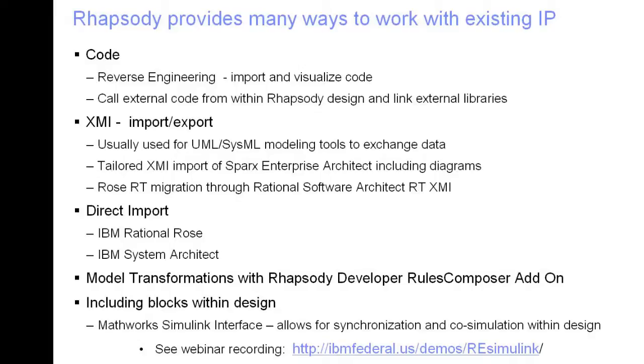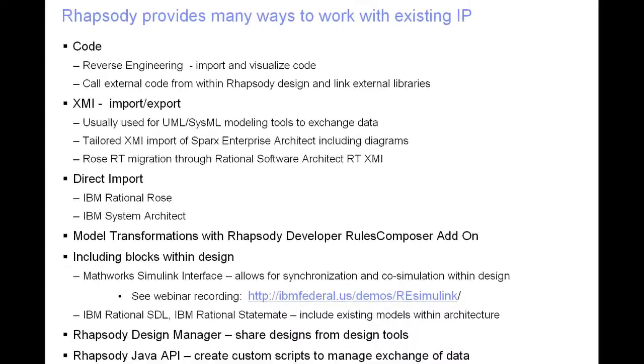Now, how can Rhapsody help in all these different ways and help you get there? Rhapsody has a lot of different APIs and a lot of ways of bringing in data. Here's a laundry list of the various ways, and I'm going to get into more details on each of these in the upcoming slides. One is code reverse engineering.